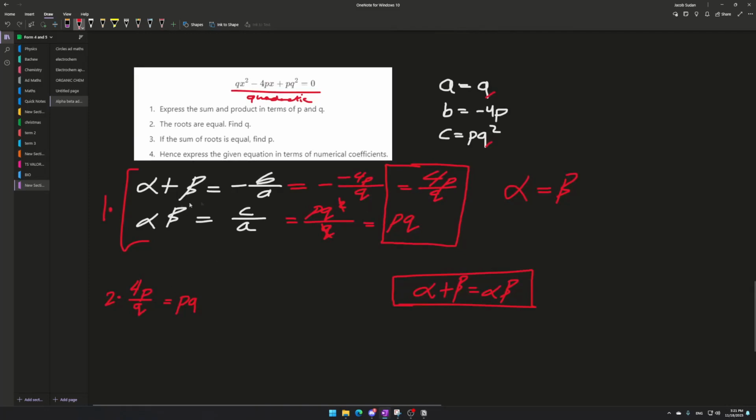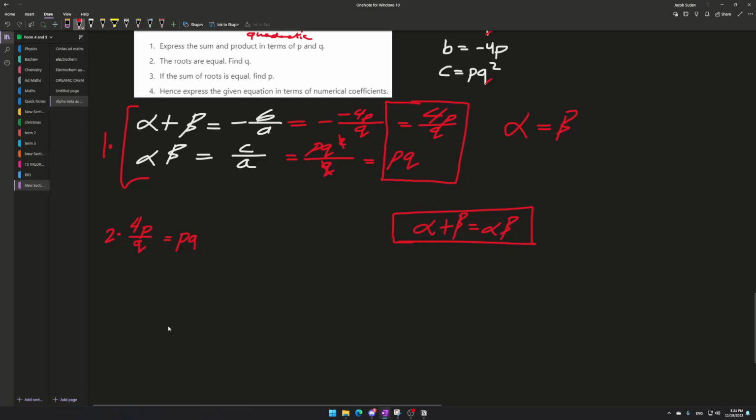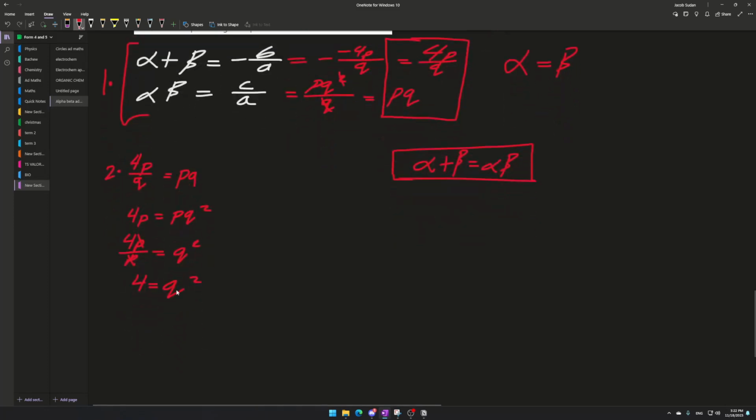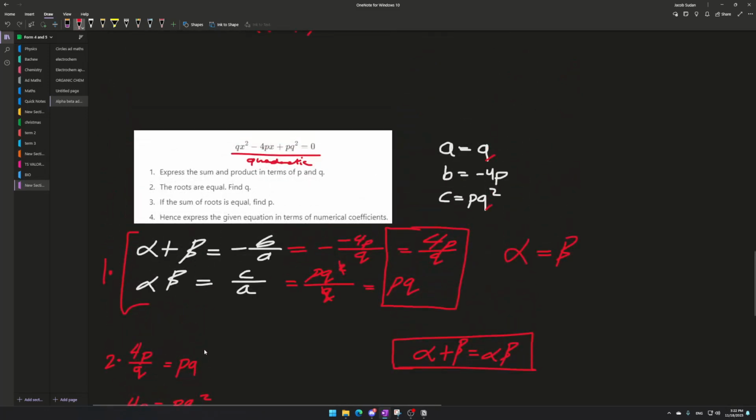Add the sum of roots. So we just found the value of q.